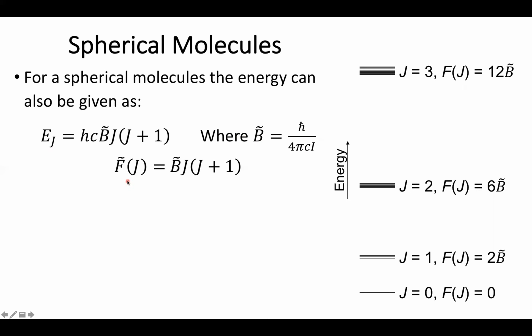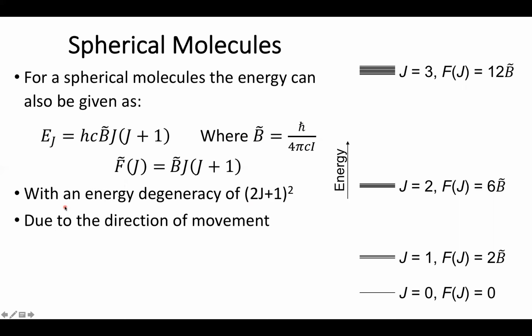in wave numbers. However, the biggest difference that happens here is we see a change in the degeneracy, because what I've introduced with a third rotational axis is more possible ways the molecule can move. And with more possible forms of movement, this is going to rapidly increase the degeneracy of my system.